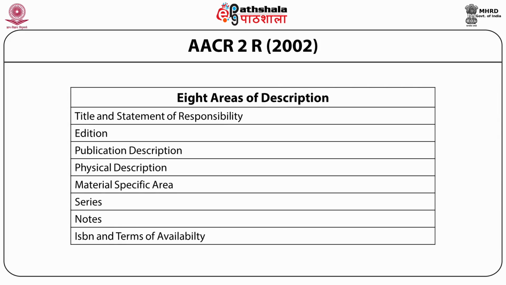Let's take a look at the various areas of description in AACR 2 Revised Edition 2002. The 8 areas of description are based on the ISBD format.